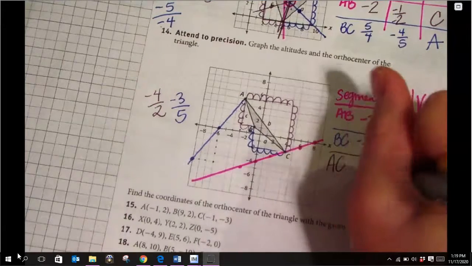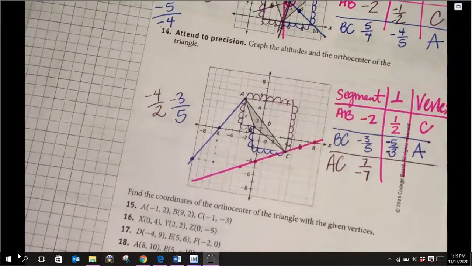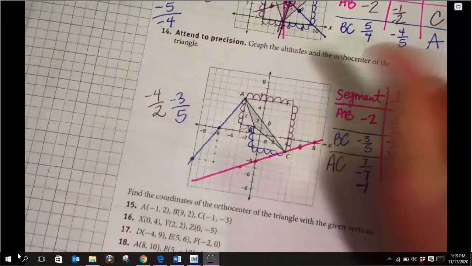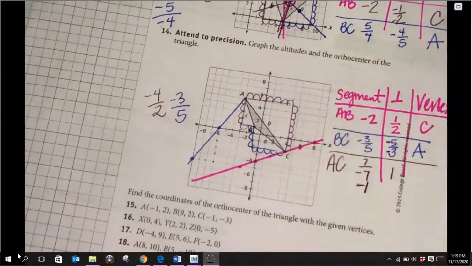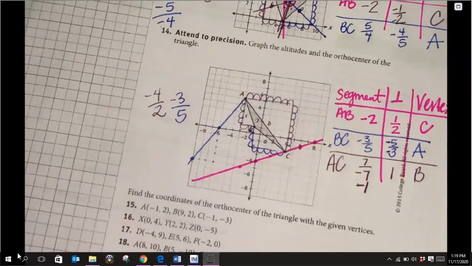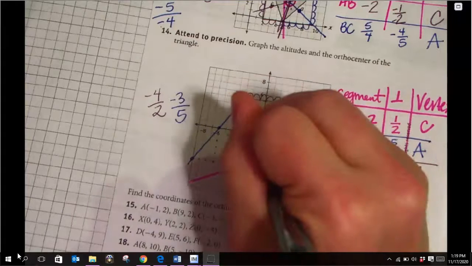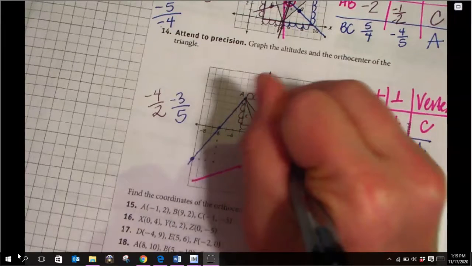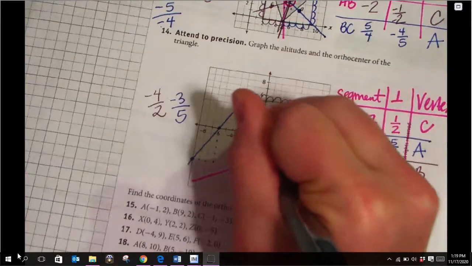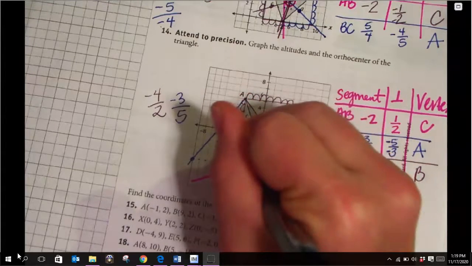So left 7 is negative. So that has a slope of -1. So the opposite reciprocal is +1. And I'm coming from vertex B. Okay, so vertex B is here, and my slope is +1. So up 1, right 1, up 1, right 1, up 1, right 1. Or I could flip it and go down 1, left 1, down 1, left 1, down 1, left 1.